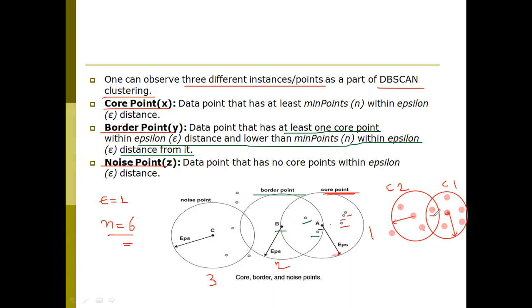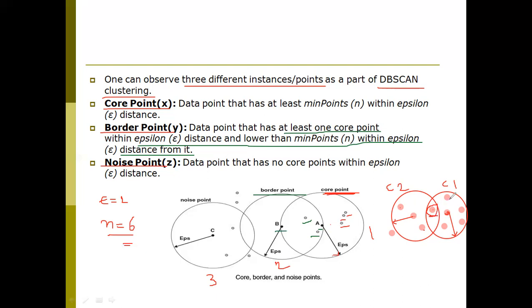This is that one, right? The cluster which has at least one core point or core cluster point is called a border point here. This C2 has this point. Actually, this point belongs to both C1 and C2, right?